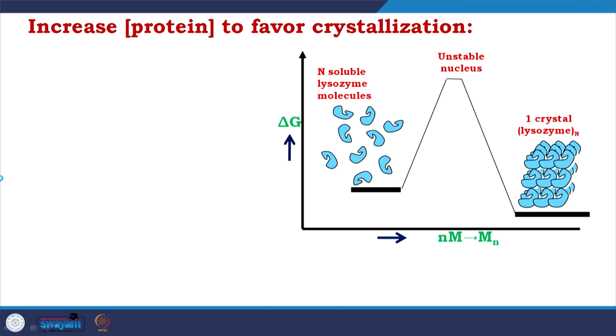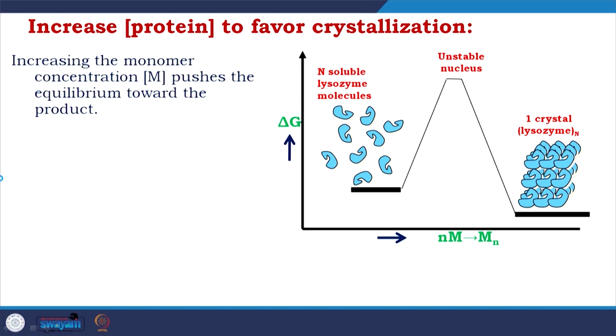So, again we are discussing how we could favor crystallization, and this is a plot where free energy and polymerization are put together. In this graph, we have soluble lysozyme molecule and crystal of lysozyme, with an activation barrier of unstable nucleus, which you have to go through.